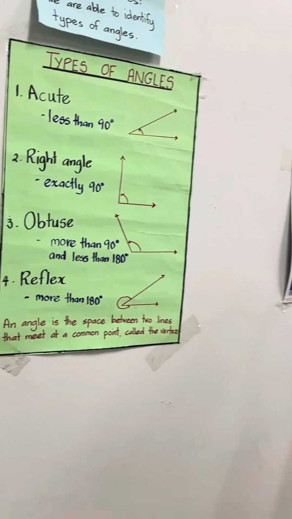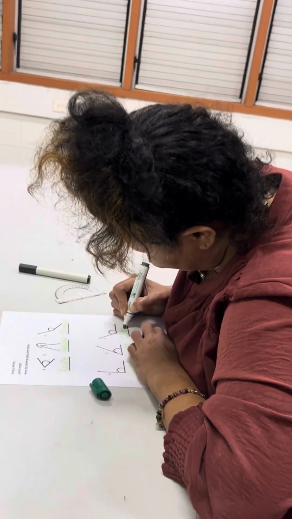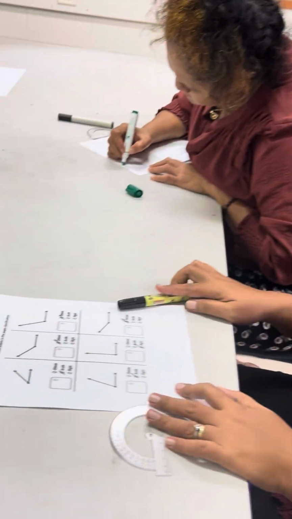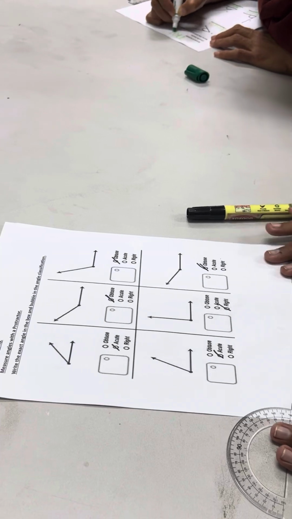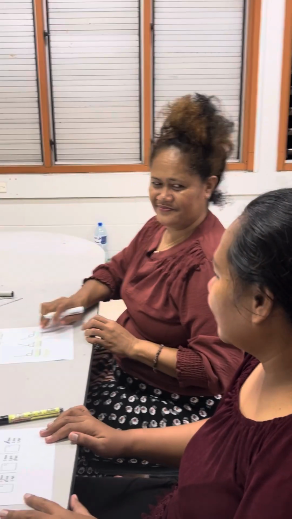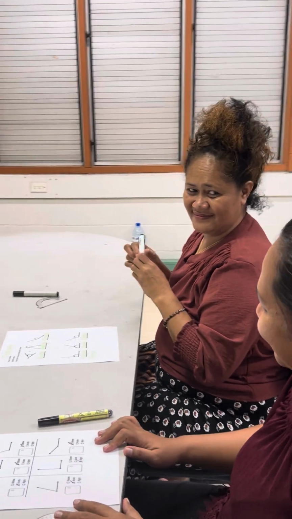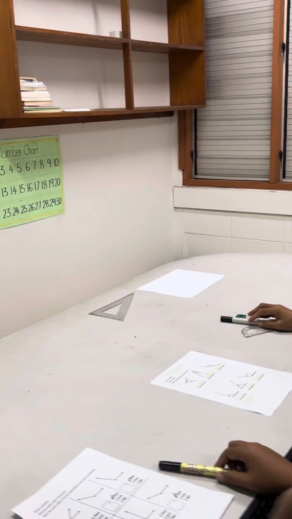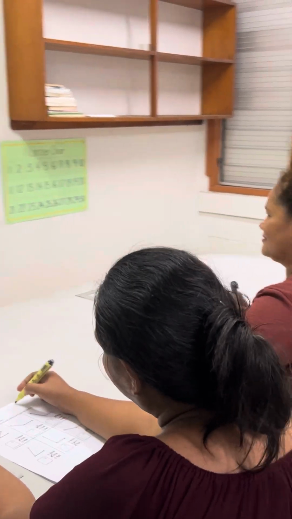Obtuse. Yes, very good. Obtuse angle. If you have finished, then you can put up your hands so that you can present your work. Finished? All right.